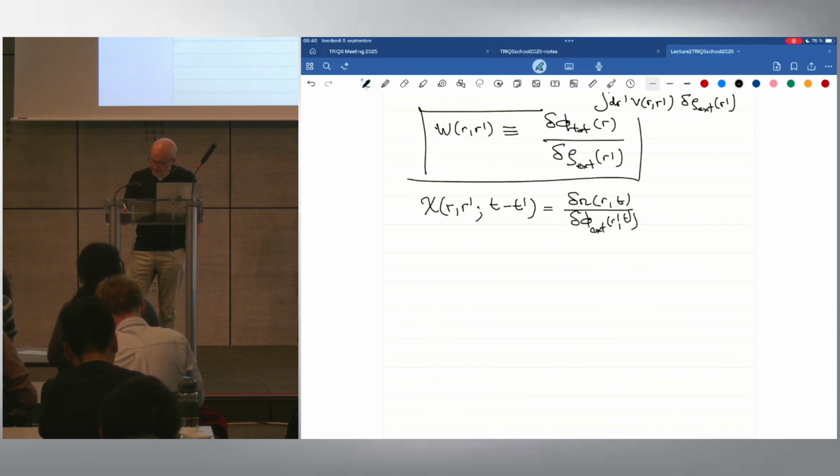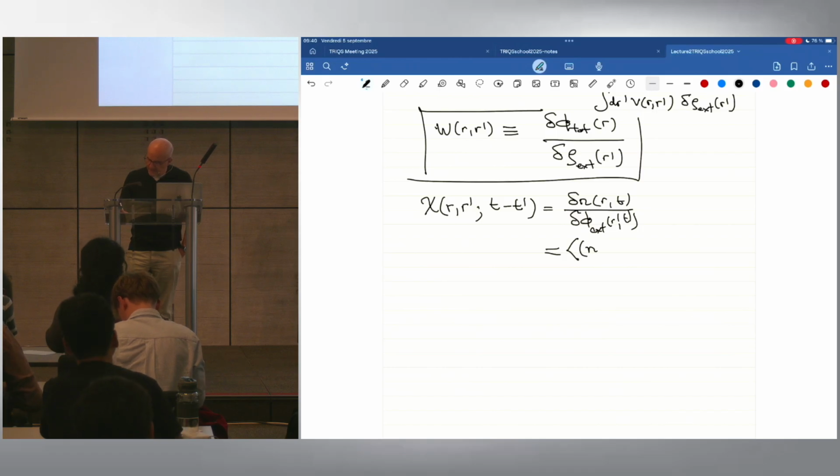And from general correlation function theory, this is the connected correlation function of the density. So this is n of R and T minus n bar, times n of R prime and T prime minus the average density, as operators.